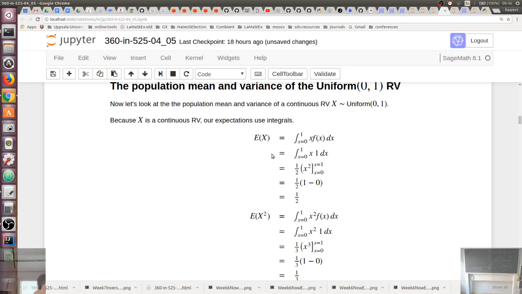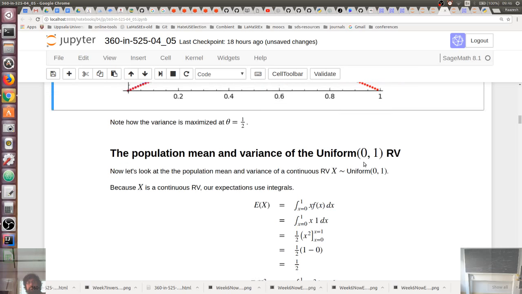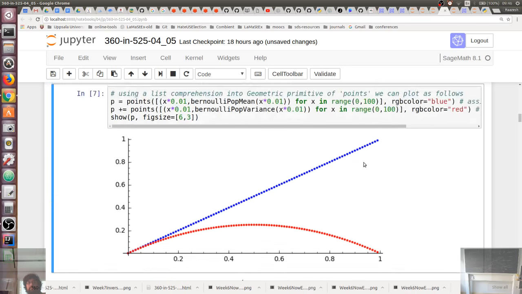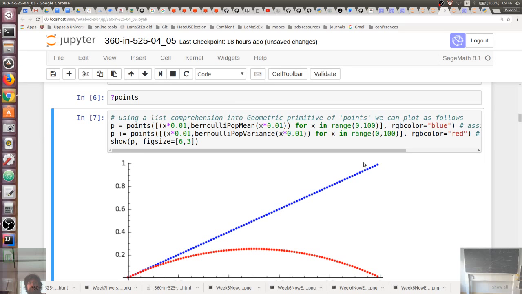Sorry, just one question regarding the code before. Why do we write for the variance P plus equals points, in the second, third line? You mean this one? Yes, did I do something wrong?